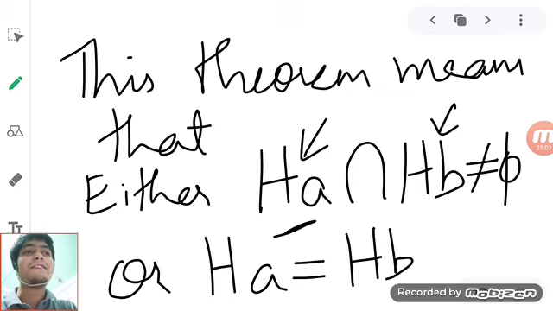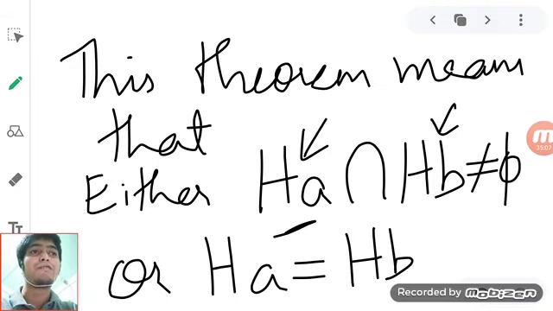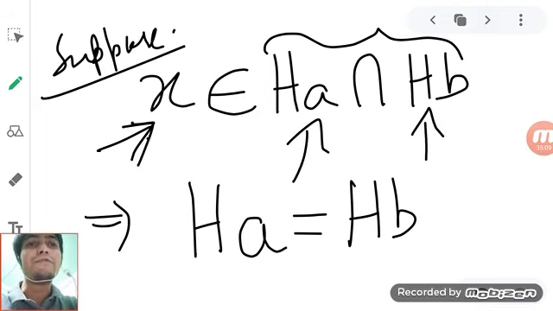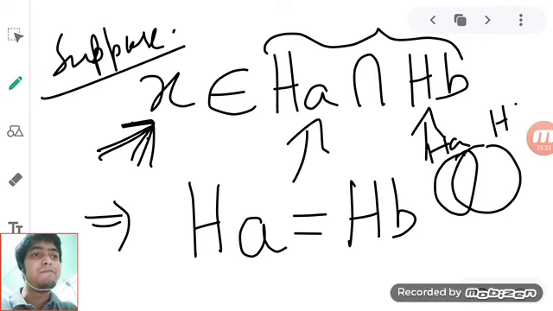This is a theorem that you have done in the third semester, so I won't be doing the proof. Just remember: once you have a common element x in the intersection of Ha and Hb, you can immediately conclude that Ha is equal to Hb.